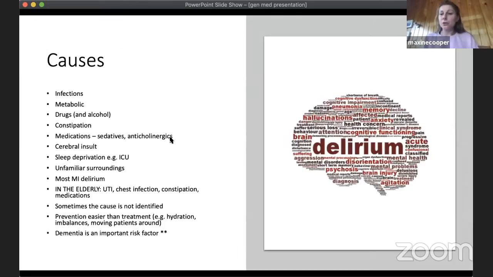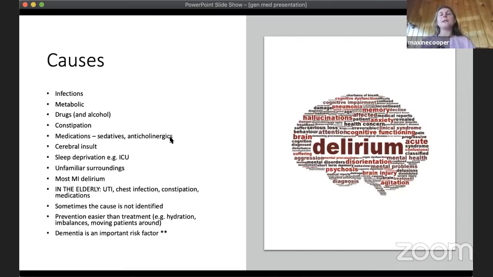There's so many causes of delirium, so I've listed so many there, but I think it's important to realize that if someone is delirious, there often is a cause, and therefore if you can treat that cause as well as manage their delirium, you can help get rid of their delirium, obviously.